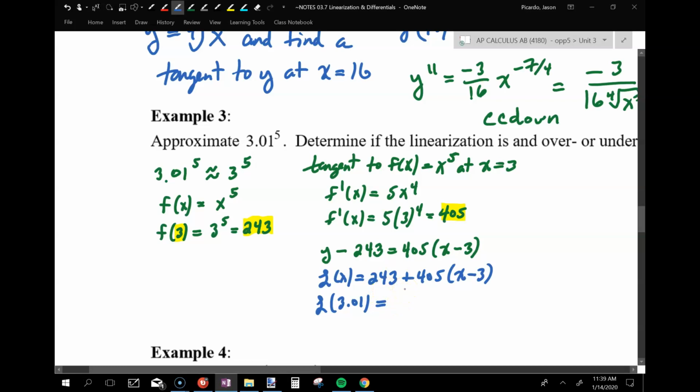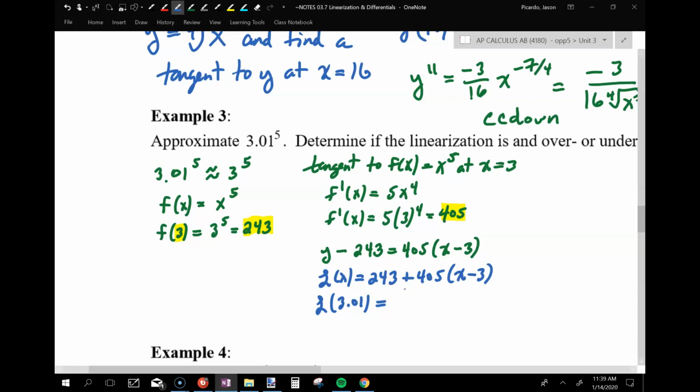Guys, again, on a calculus test, you're expected to be able to do that math in your head, right? It's 3.01 minus 3. What's that? 0.01, right? So isn't that the same as 405 over 100? 0.01 is 1/100th, right?